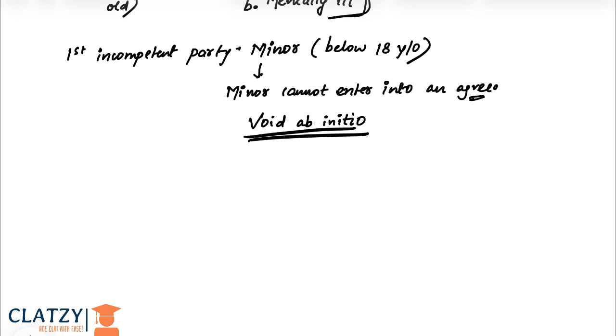Just imagine this: if somebody is not even competent to enter into an agreement, has that agreement even been formed? The answer is no. Since a minor is an incompetent party, a minor cannot even form an agreement. All right, and therefore that agreement is void ab initio. It means that it is not enforceable from the beginning itself.